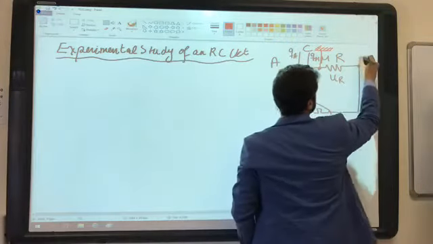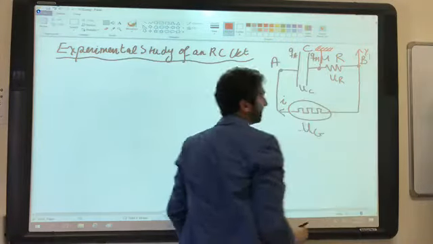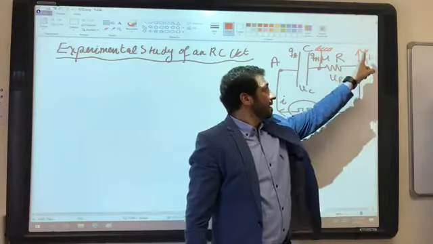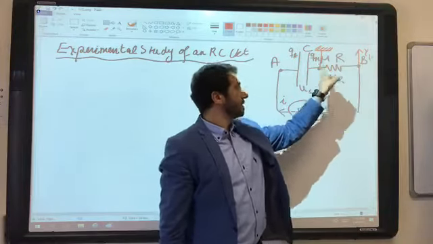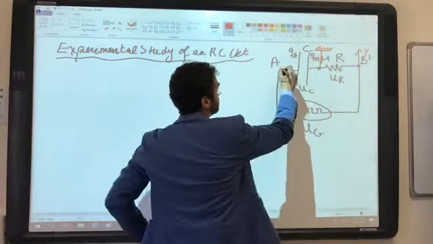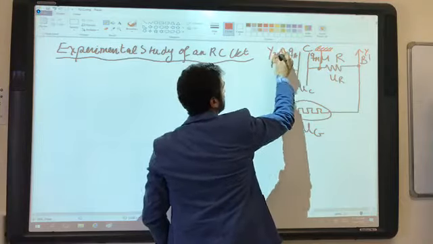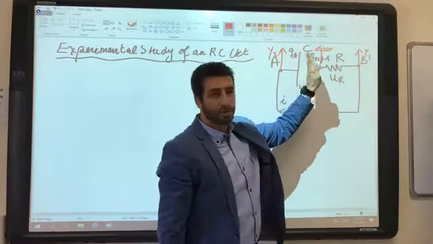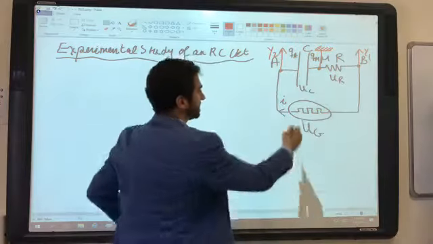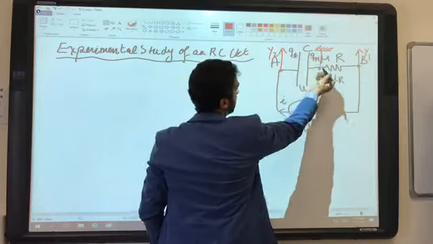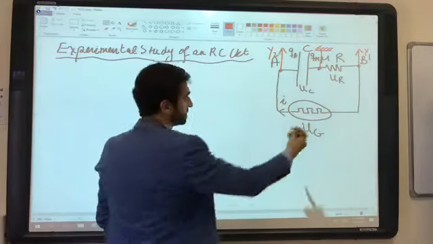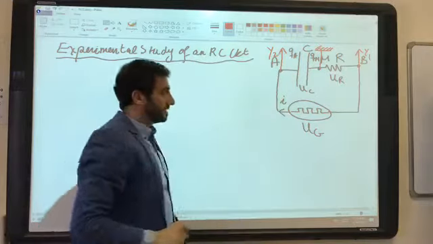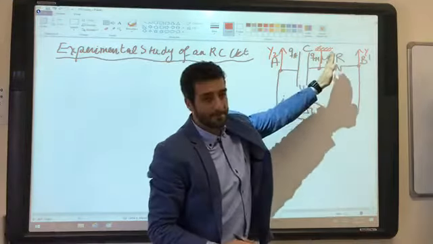We connect the first channel, Y1, to the resistance, with the phase on the component and the ground. And then we connect to the capacitor, phase on the component and ground. The current is going in this direction, so UAM is positive because the current is entering in this direction as UAM.